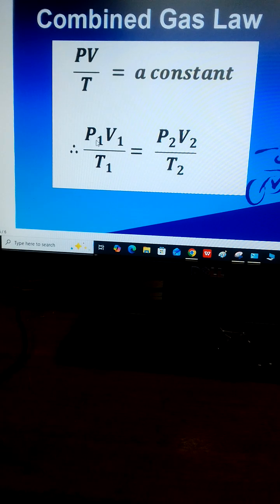So if this is the first pressure, first volume, and first temperature, it is equal to the second pressure times the second volume over the second temperature. So this is the combined gas law. P1 times V1 over T1 is equal to P2 times V2 over T2.